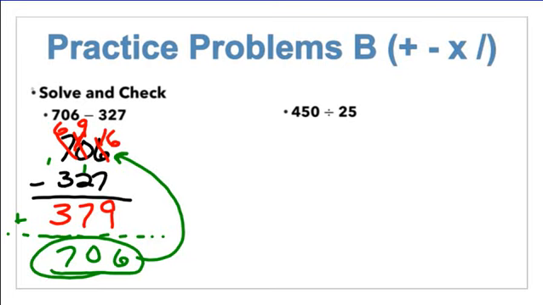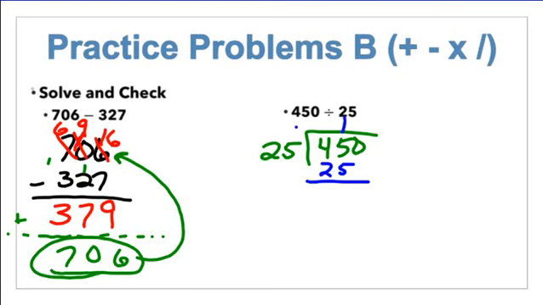Next one is 450 divided by 25. 25 can go into 45 one time. 1 times 25 is 25. You subtract below. 45 minus 25 is 20.